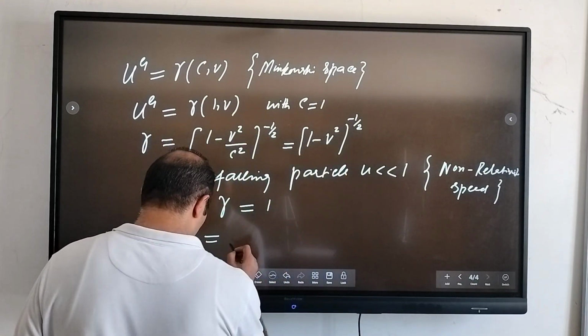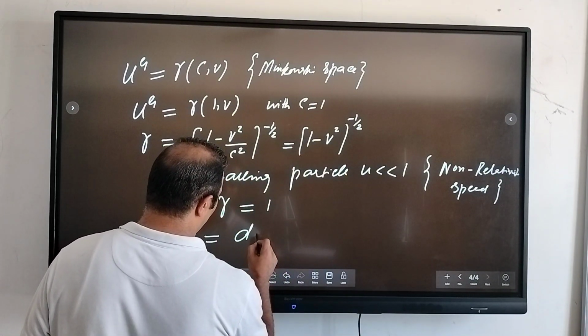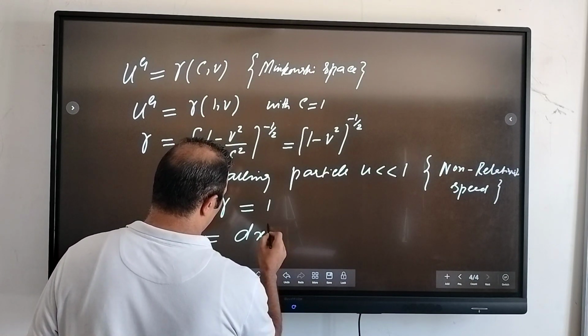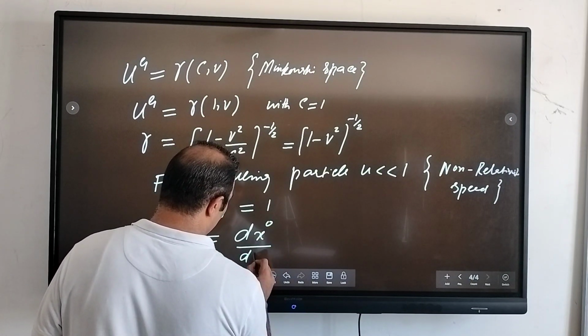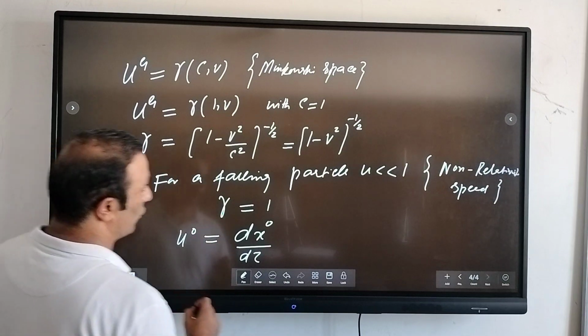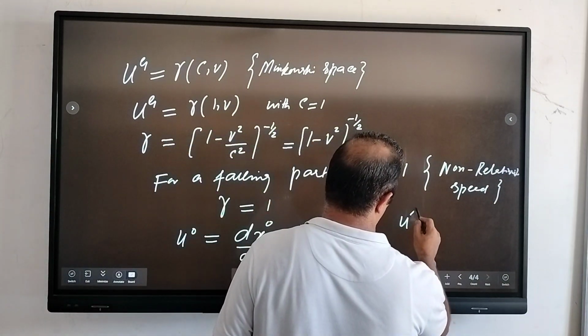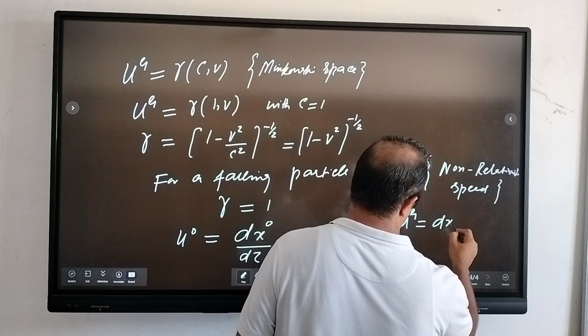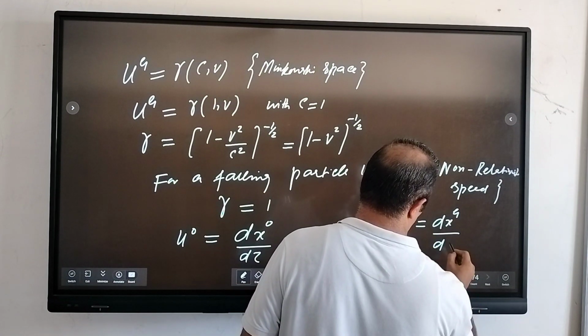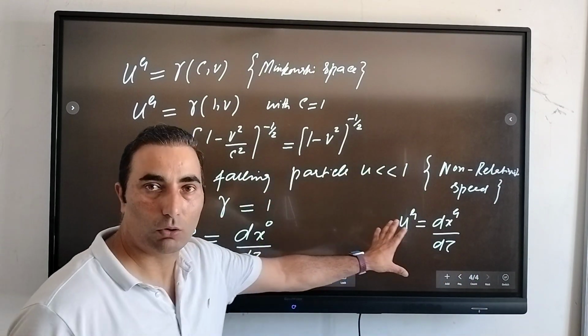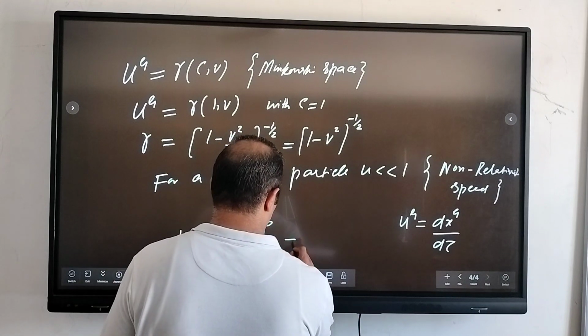That is basically equal to dx^0/dτ, because if you remember, our u^μ is dx^μ/dτ. Putting μ equal to 0, you will get this.